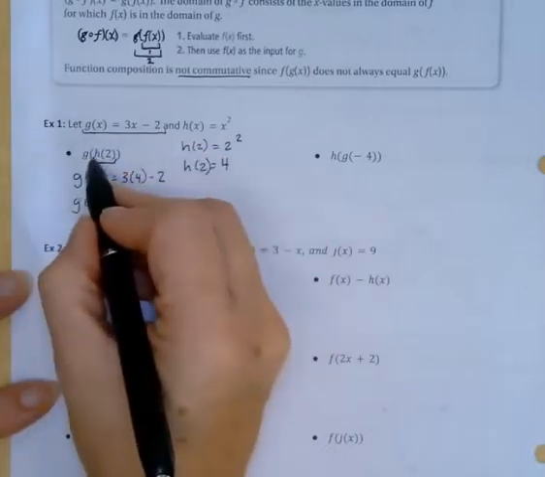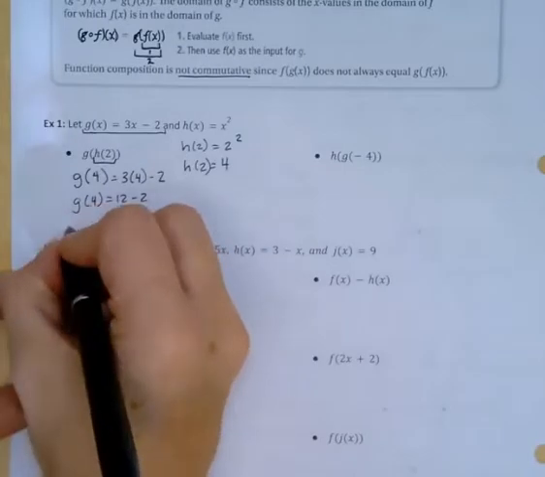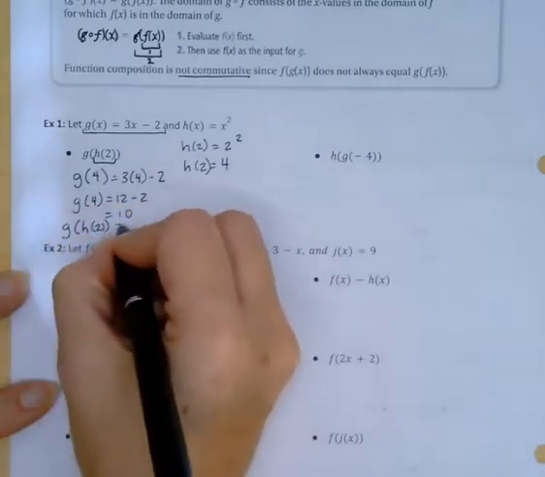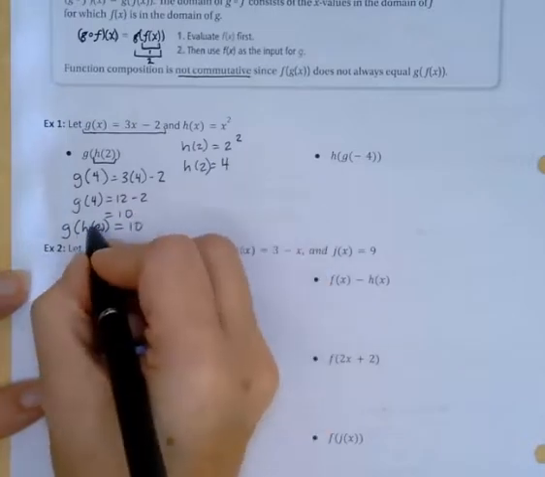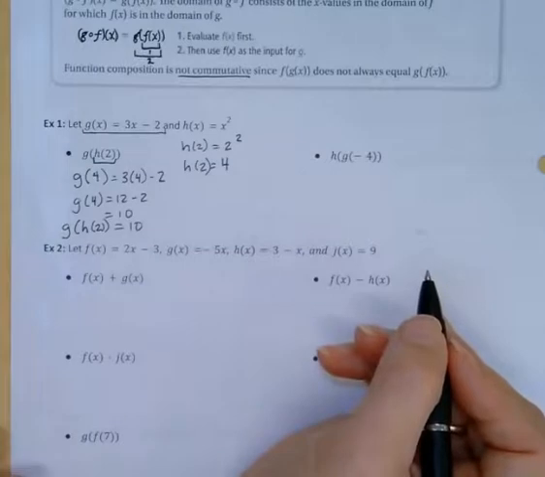So the g of the h of 2 equals 10. I have to go back to the original whole question. The g of the h of 2 equals 10. I did h of 2 first and then used the output, and I found the function g with the input of 4.